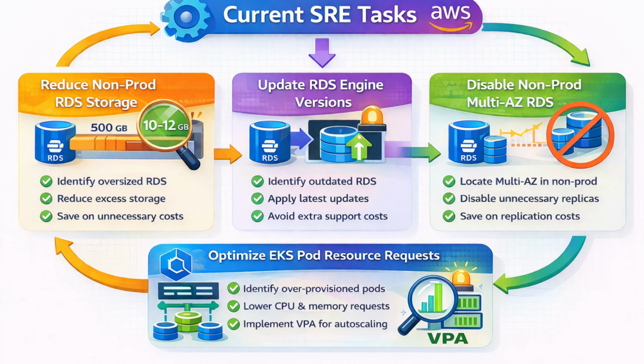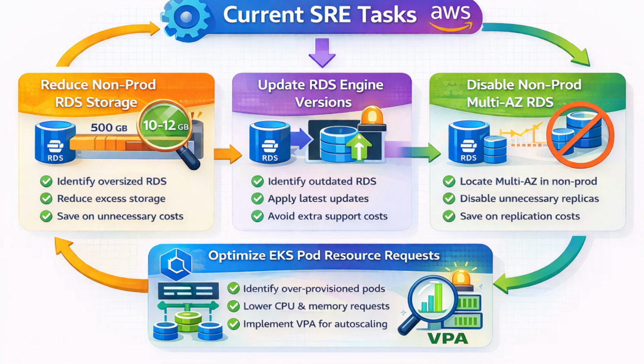A few tasks that I'm working on currently as part of cost optimization in CloudZero. We have identified a few RDS instances in the non-prod environment where I see the size of the database is huge, over 500 gigs. Maybe we are using just 10 to 12 gigs per month of storage there. So I think this can be reduced.